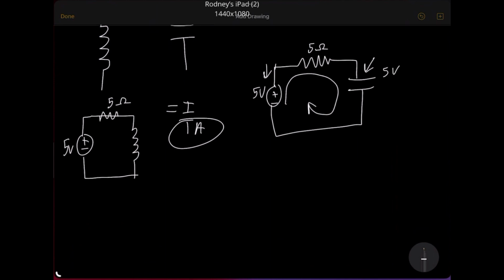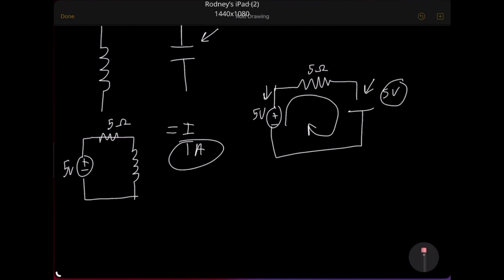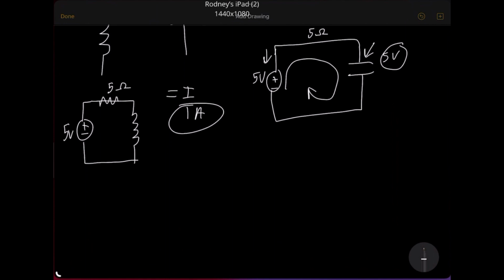It's going to store 5 volts of charge, or we'll just say it's 5 volts, not 5 volts of charge. That's weird. But as it charges to 5 volts, nothing else will pass through the capacitor. It acts like an open circuit. And this inductor will act like a short circuit, like shown.